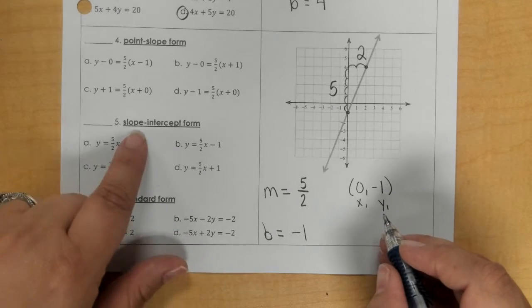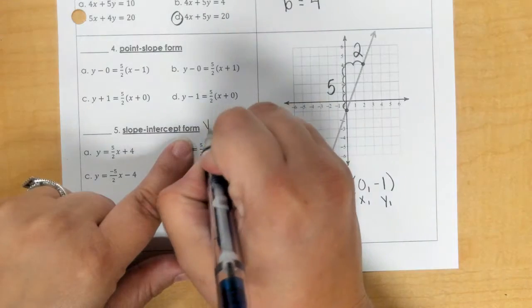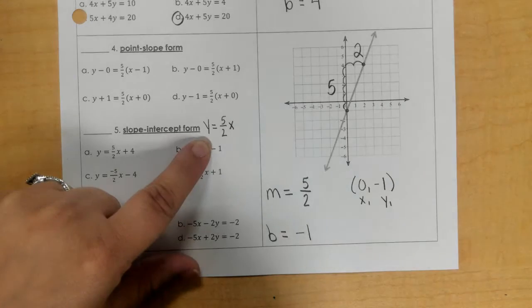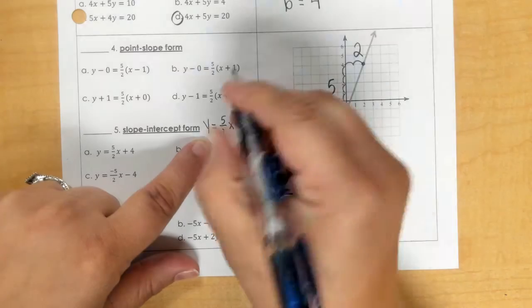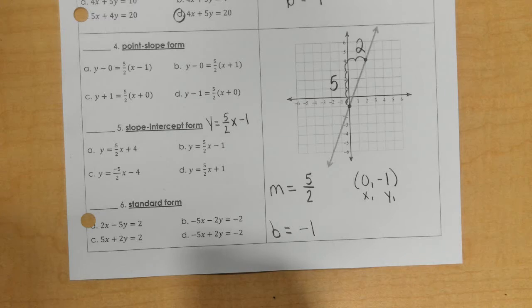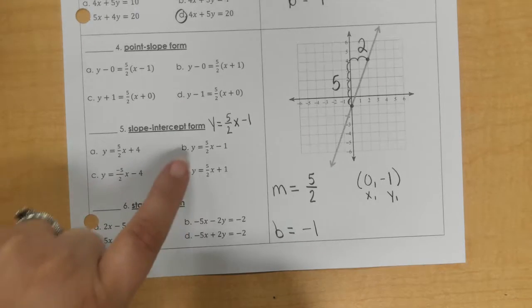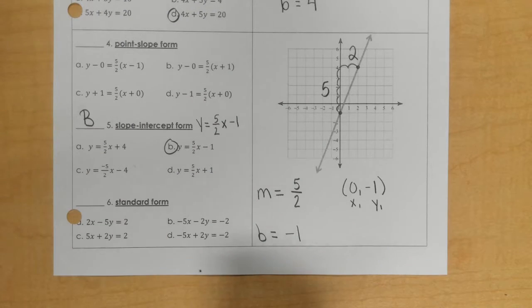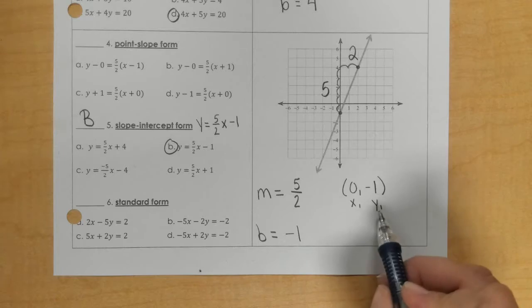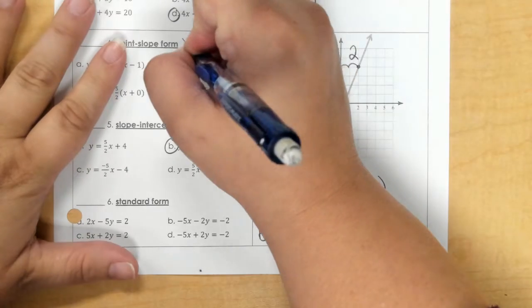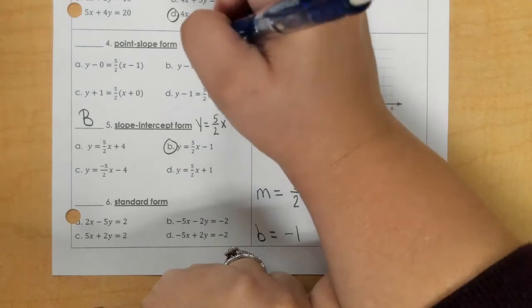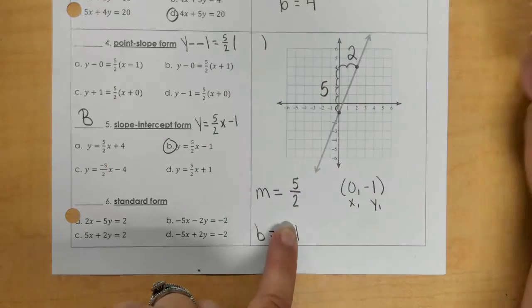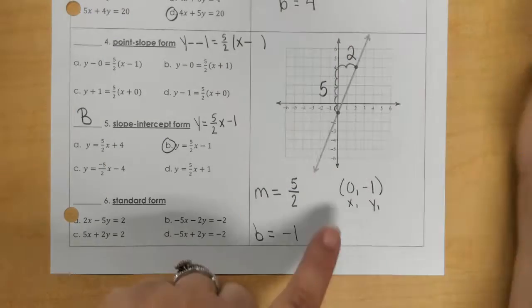Slope-intercept form was pretty easy, so let's do that one first. y equals m, m is 5/2, x plus b, plus -1, which is a -1. So that's b. For point-slope form, we have to do y minus y1. So we're going to do y minus -1 for y, m is 5/2, and then we have to do x minus x1, which is 0.